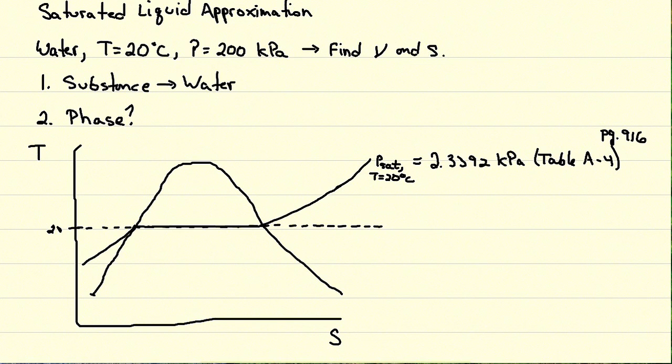So when water is at 20 degrees C, it vaporizes at 2.3392 kPa.